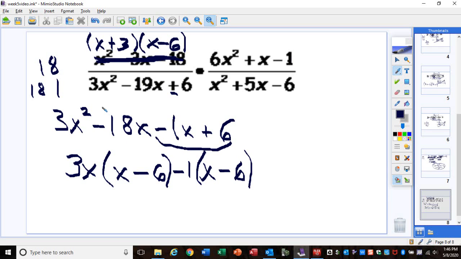So now we are going to have 3x minus 1 and x minus 6. And the neat thing about this is you know that something is going to cancel. When you do these, you know you're going to have some clones somewhere. In fact, we already do. See the x minus 6's, but I'm not going to do any canceling out yet. Let's cross this out. The fun part's at the end where you can just kind of slash everything away.